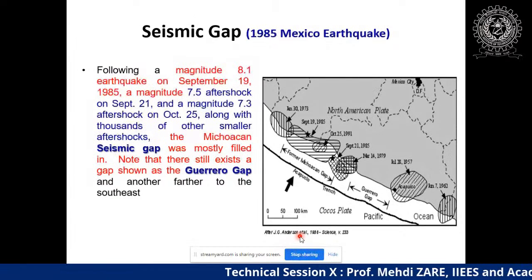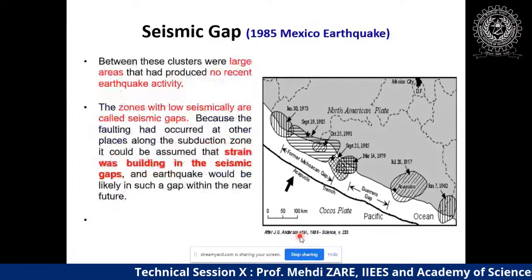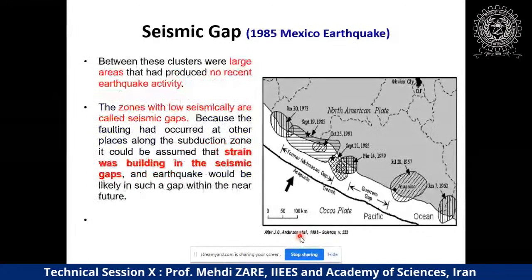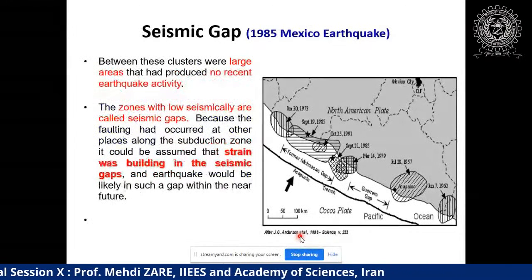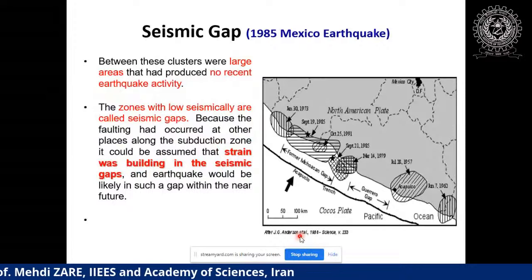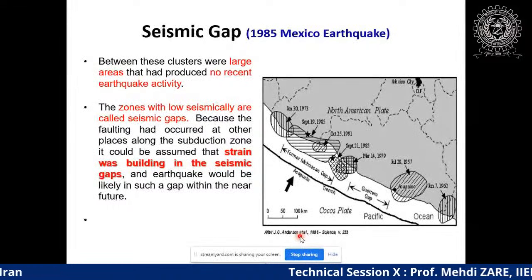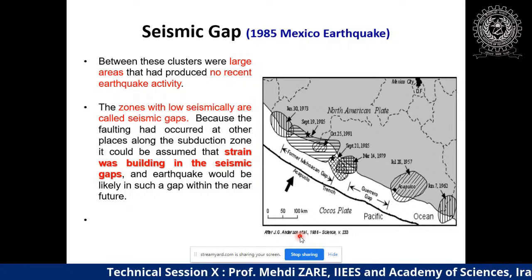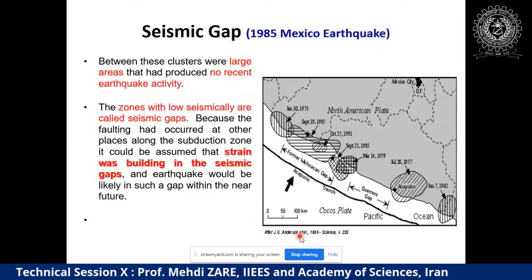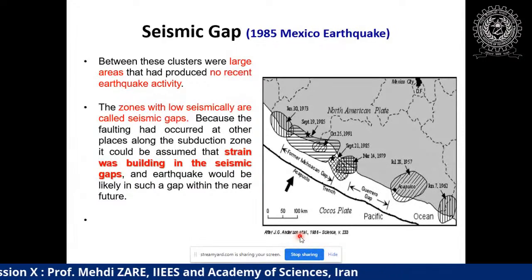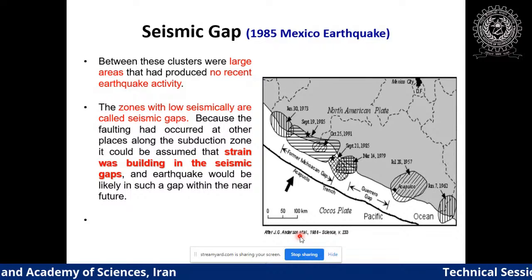Due to the strain building along this plate border region, we may think that there are some seismic gaps along this plate boundary, especially where there is no major known earthquake.